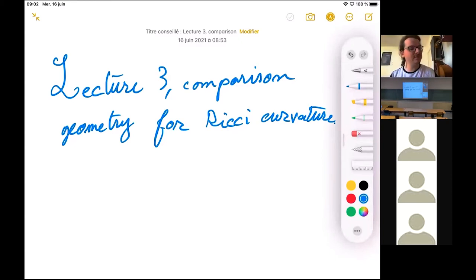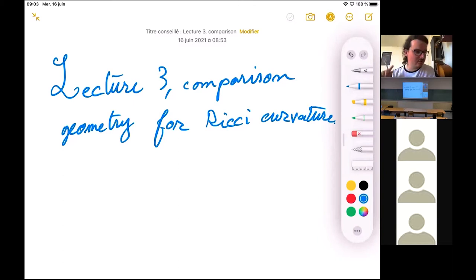Here we will see what's going on when you have a lower curvature bound, but not on the sectional curvature. There is a well-developed and rich theory for manifolds with non-negative sectional curvature. At first glance the first steps are quite similar to what we did yesterday, though it goes in completely different directions afterwards.